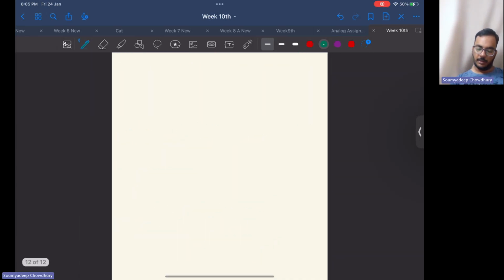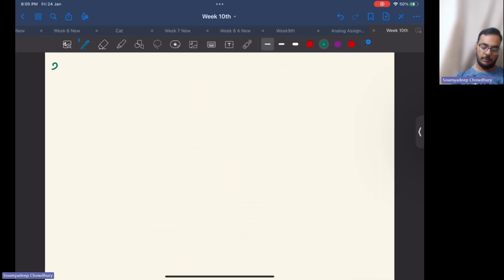Similarly, for the next step again, we have to recompute k1, k2 and y1. k1 is basically f of t1 comma y1, that is f of 1 comma 2.1875.